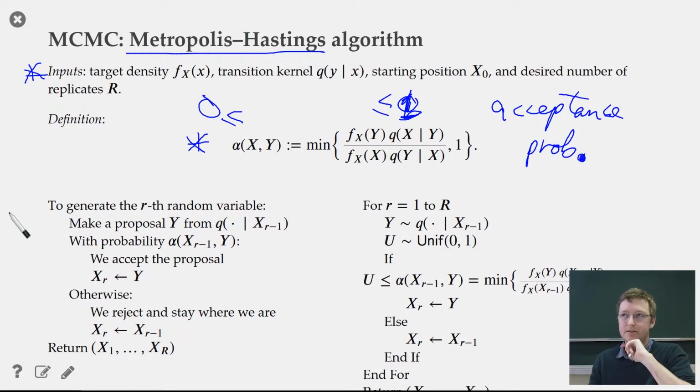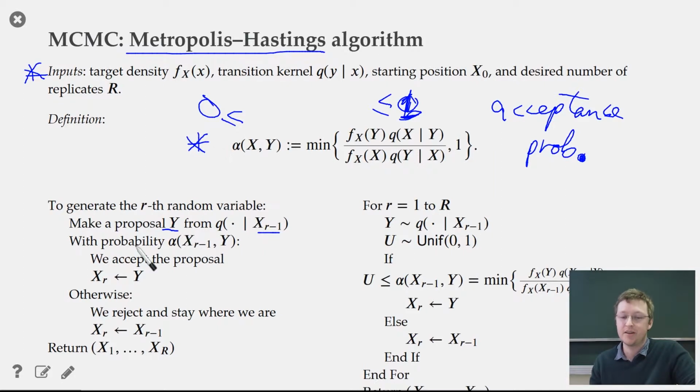The way the algorithm works is similar to what I showed last time of acceptance rejection. To generate the r-th random variable, we plug in where we were last time, x_{r-1}, into the transition kernel. From that, we have a density, and we simulate from that density. So we simulate a proposed point y, which is a suggestion for what the next sample would be. It's not necessarily the next sample, it's a proposal.